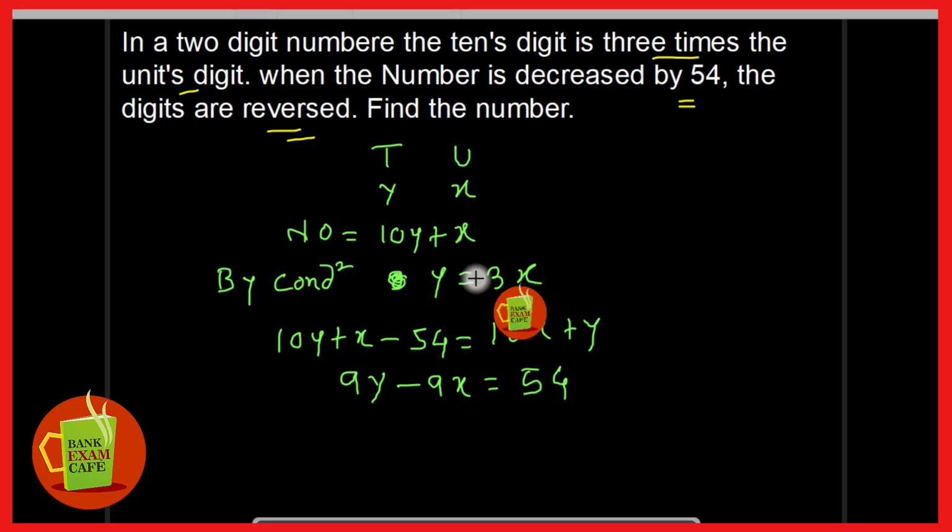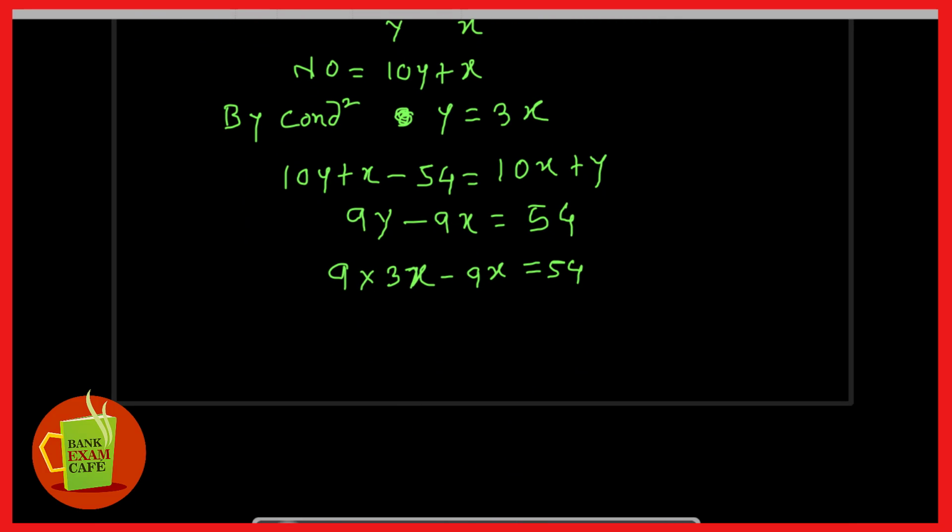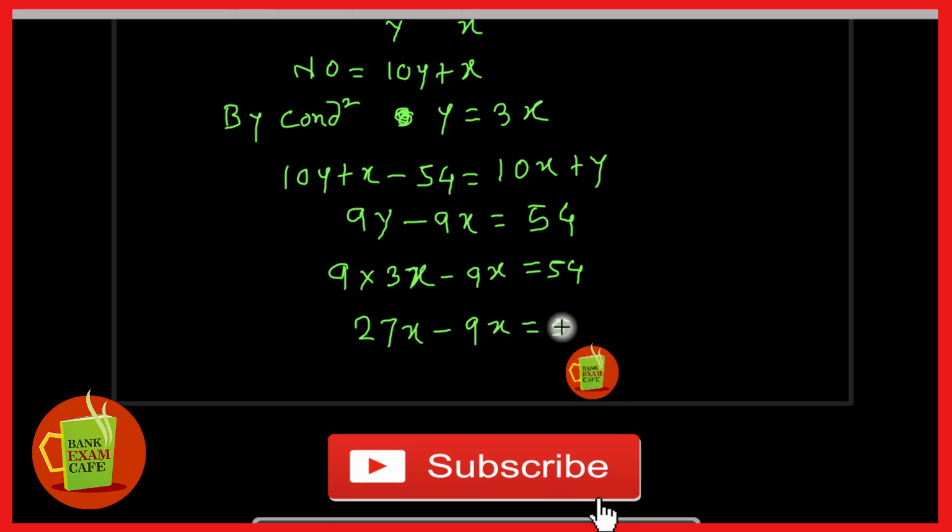So here we know that y is equal to 3x, so put the value of y here as 3x, so it will be 9 into 3x minus 9x, which is equal to 54. Now 9 3s are 27, so it will be 27x minus 9x, which is equal to 54.